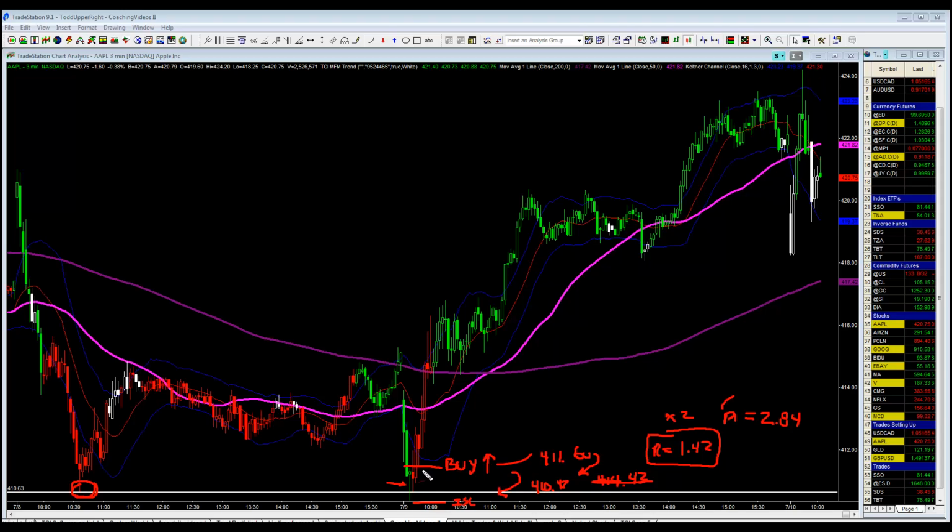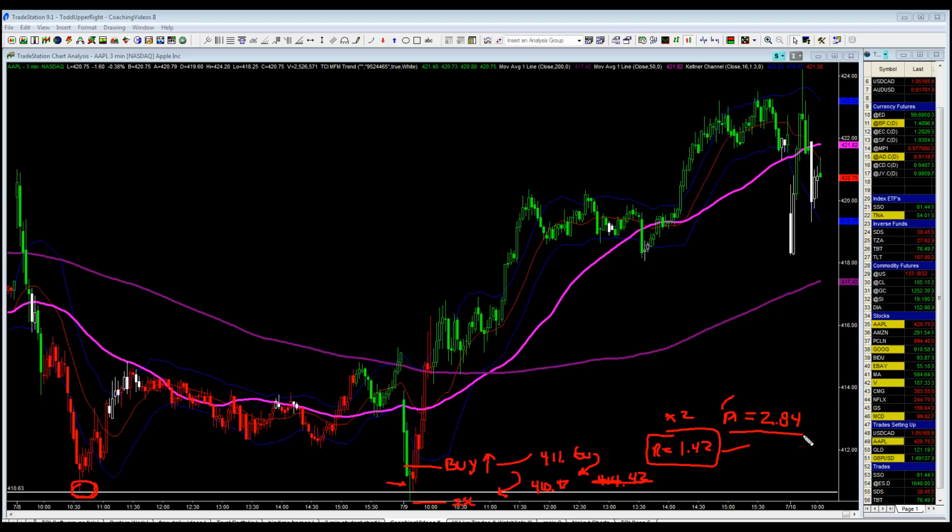Okay? 20 cents below this low, 410.42. So if you've got a chart, pull it up. The buy was at 411.60. Initial stop loss 410.42. Risking $1.42 on this trade. Again, on a trade like this, I need to see the first objective at least twice as much as I'm risking. So I'm risking $1.42. 1.42 times 2 is $2.84.